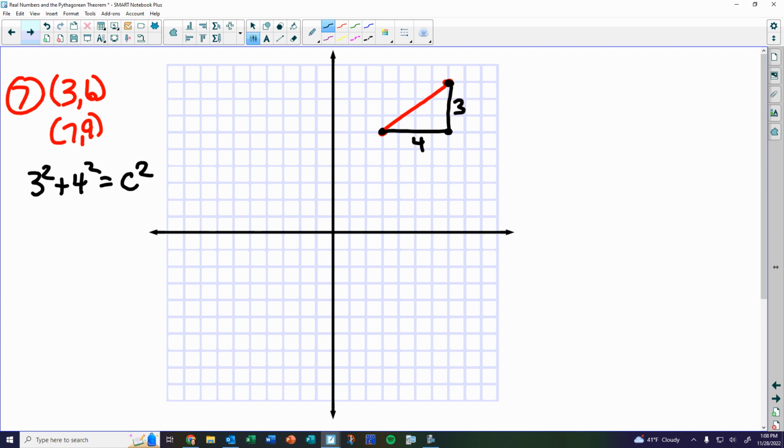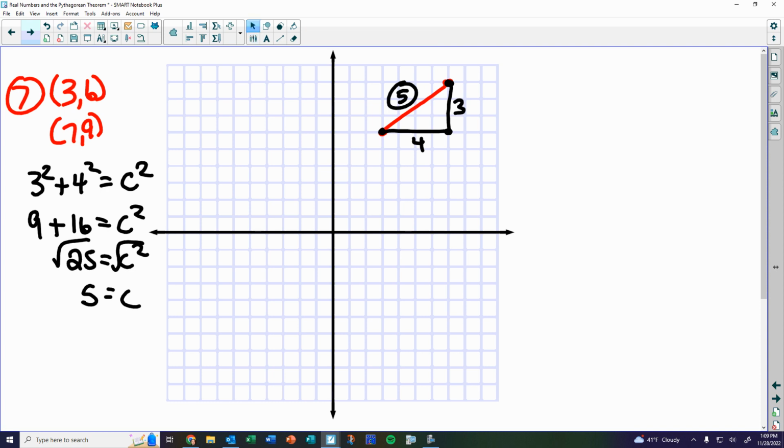Remember, this is our longest side. That's the diagonal. All right. So 3 squared is 9. What's 4 squared? 16. And when I add them together, that's 25. So what happens when I square root both sides? What's c? Square root of 25 is 5. So this distance here is 5. Again, longest side, right? So this is the 3, 4, 5. Probably the most popular right triangle combination there is.